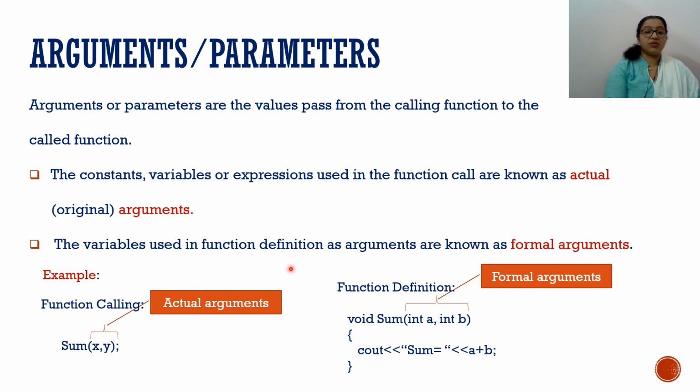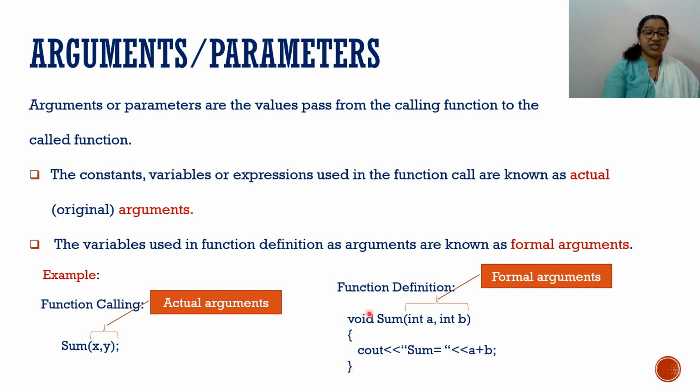Understood now? So these are arguments or parameters, actual parameters or formal parameters. Two different names are there for the arguments. The actual one is the constants, variables or expressions used in the function call. These are the values we are passing, so these are called actual arguments.